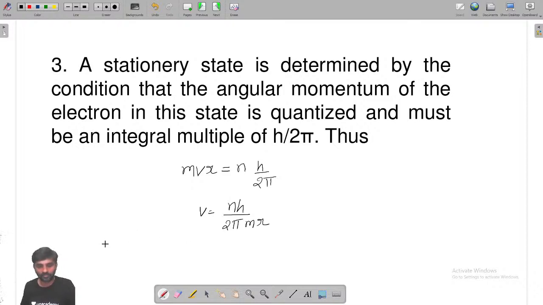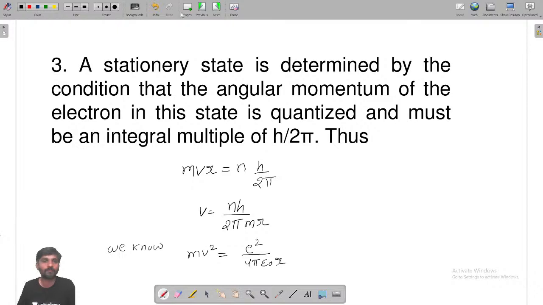But what do we know earlier? mv square by r is equal to e square by 4 pi epsilon naught into r.